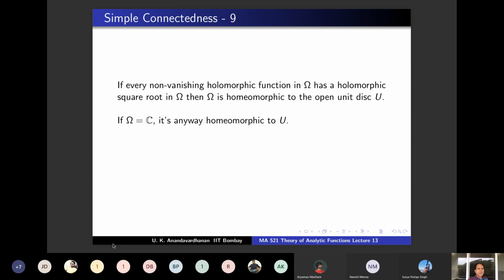What is given to you is that for every holomorphic function you can extract a holomorphic square root. Otherwise this is not easy at all, not obvious at all, but we are going to show something much more.